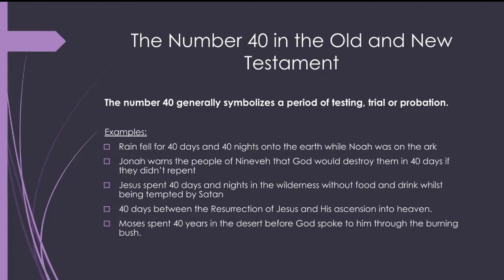They had 40 days to repent before God would destroy their city. As we know, Jesus spent 40 days and nights in the wilderness. It was 40 days between the resurrection of Jesus and his ascension into heaven. And not to forget, Moses spent 40 years in the desert before God spoke to him through the burning bush, which is the backdrop of our first painting.